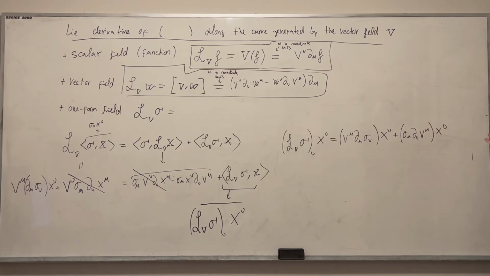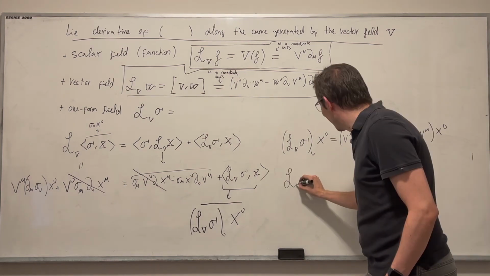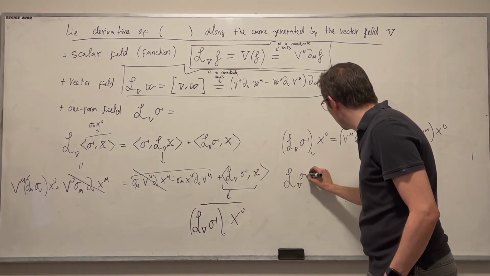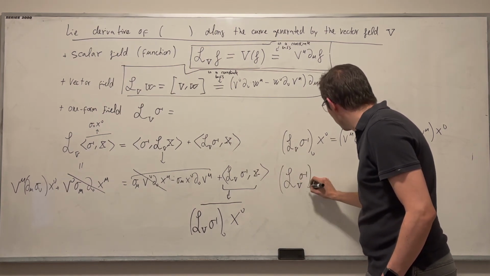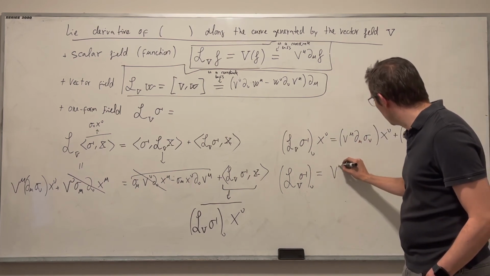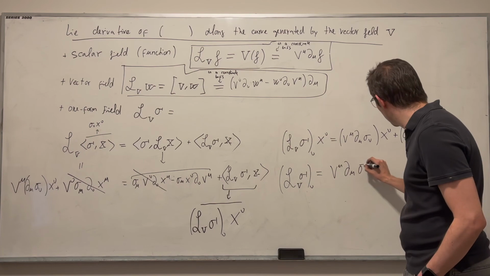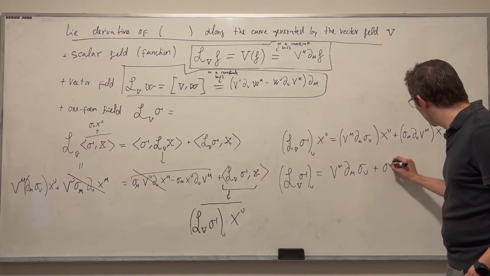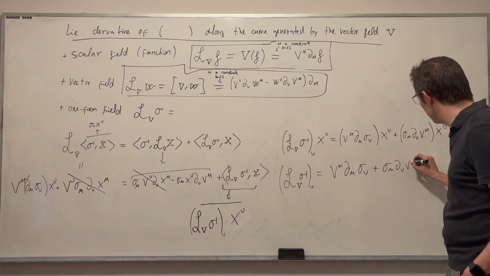Ha! How nice! So, the Lie derivative in the direction of V of sigma component nu, of course, it's equal to V mu partial mu sigma nu plus sigma mu partial nu V mu.